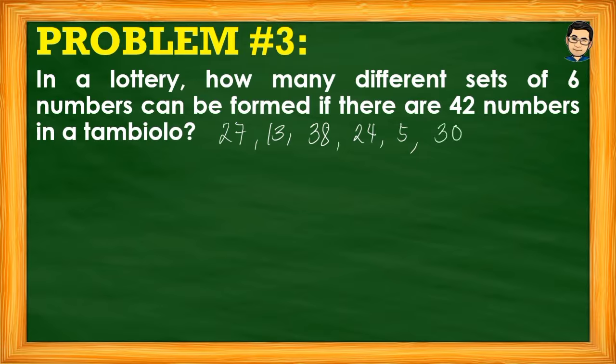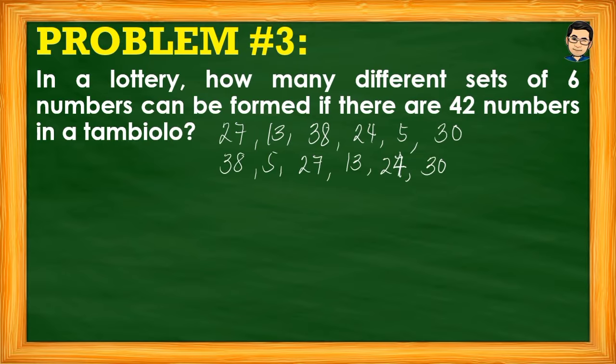Okay. And then, ang tinayaan mo ay, halimbawa, 38, 5, 27, 13, 24, and then 30. Okay. So, may pagkakaiba po ba ang ating mga numbers na nakasulat?